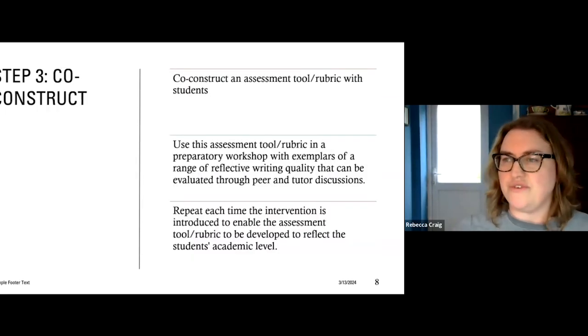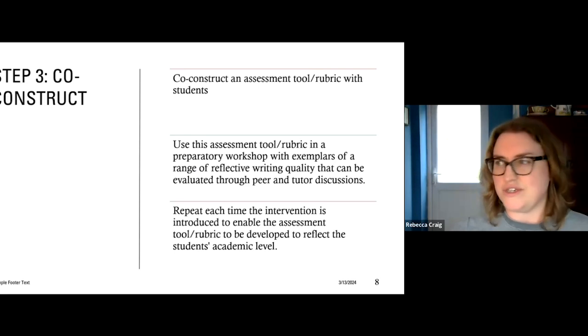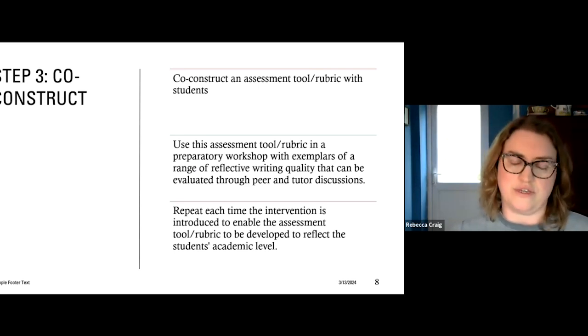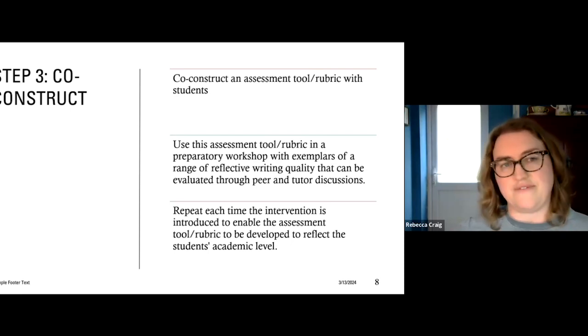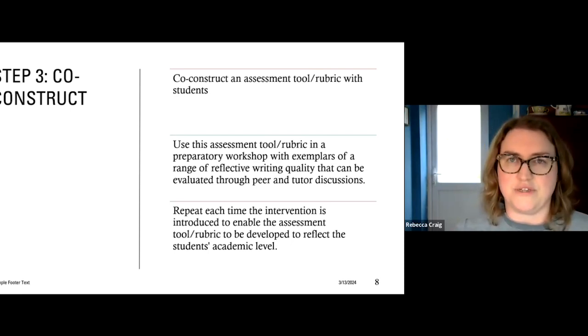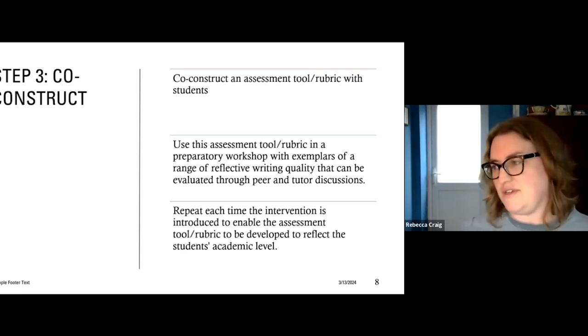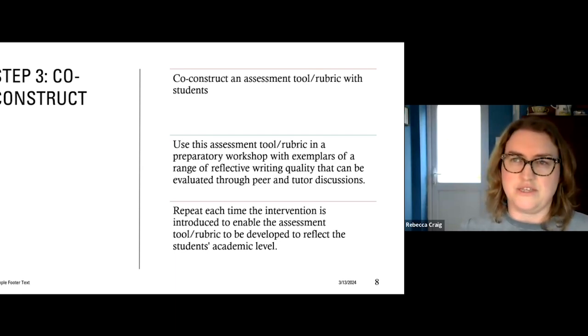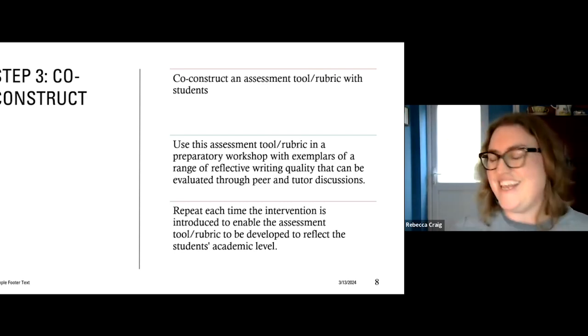And then there's a really strong theme in the literature around co-construction of the assessment task, or the assessment tool or the rubric. So in your initial workshop meeting, supporting the students in creating the rubric together so that they really understand what it is that they're assessing when they look at each other's work, and to give them some confidence and competence in looking at that together, and supporting them in identifying the levels of academia that they're at, for instance, level 4, level 5, level 6 or 7.